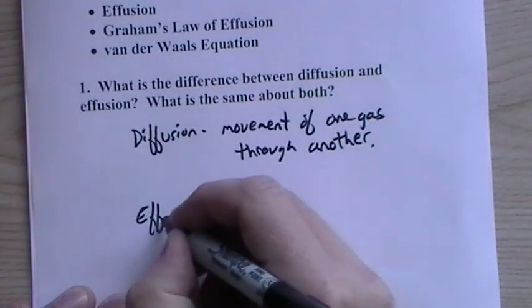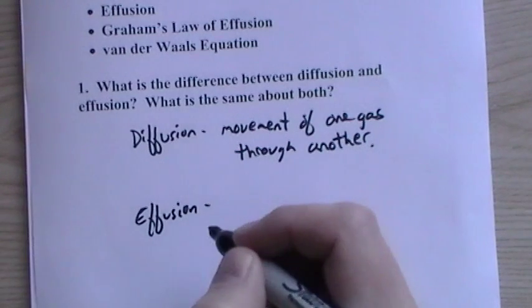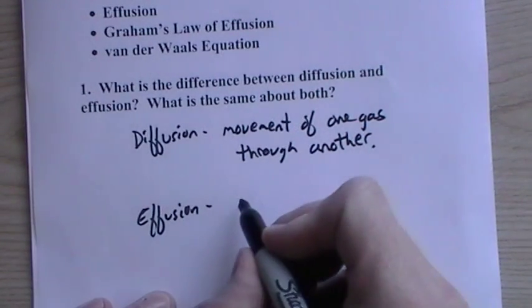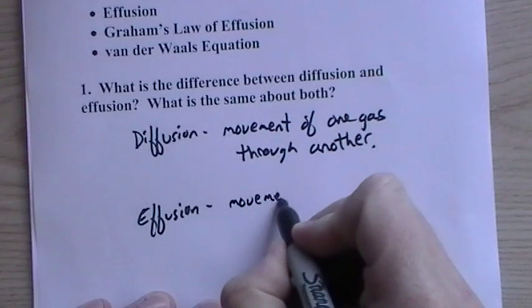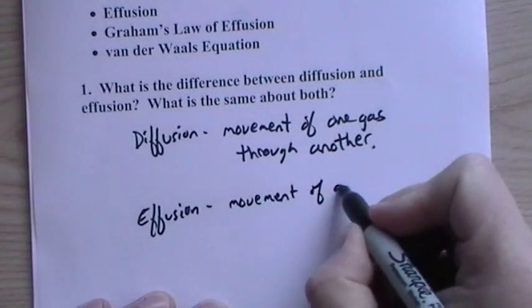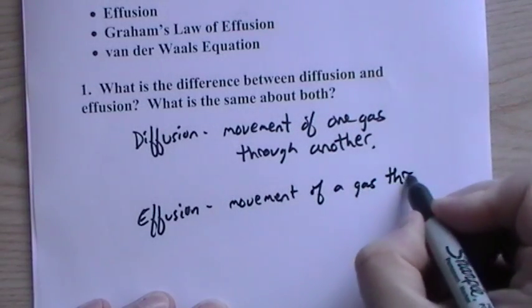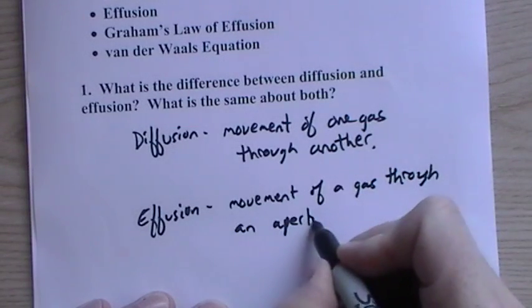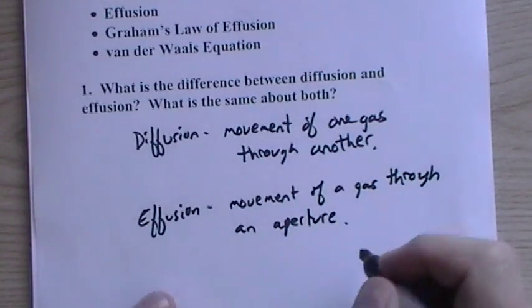Effusion has a strange definition. It seems like a very esoteric thing, but it's the process in which a gas flows through a small hole or aperture. Movement of a gas through an aperture or small hole.